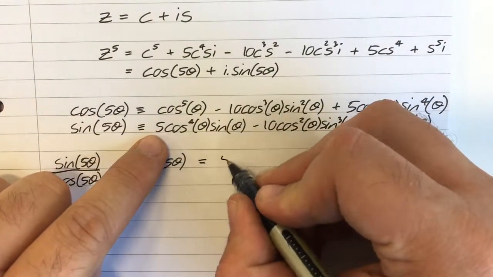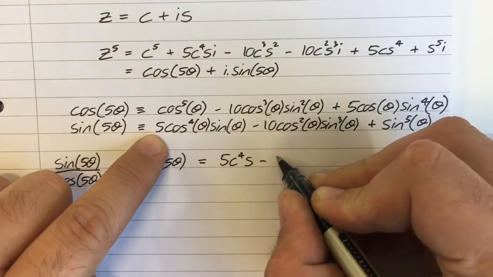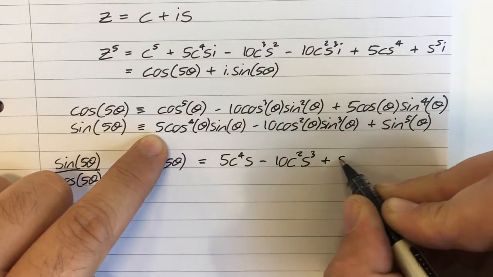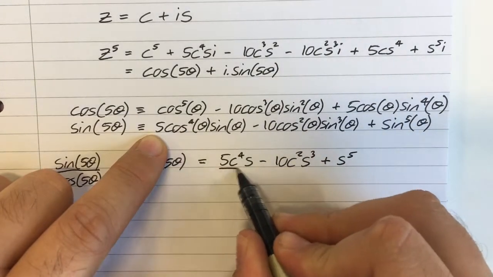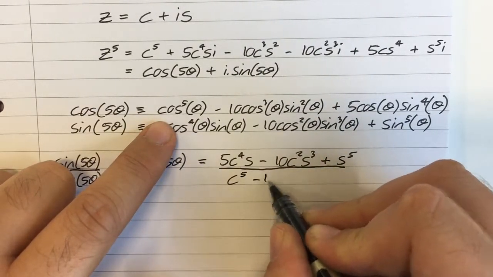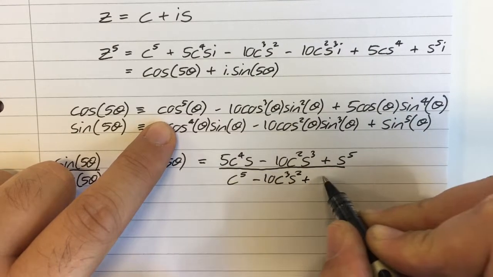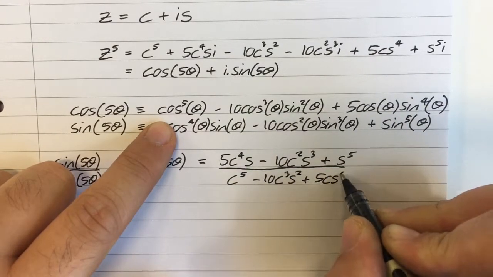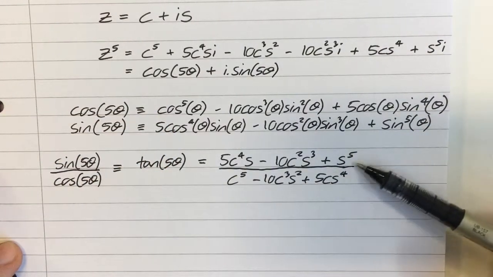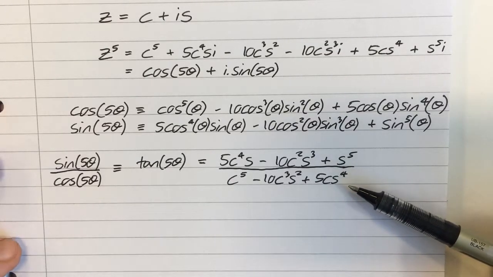So that's going to be 5c to the 4 s minus 10c squared s cubed plus s to the 5, divided by c to the 5 minus 10 c cubed s squared plus 5c s to the 4. That's just using these two definitions here, where c is cos theta and s is sine theta.